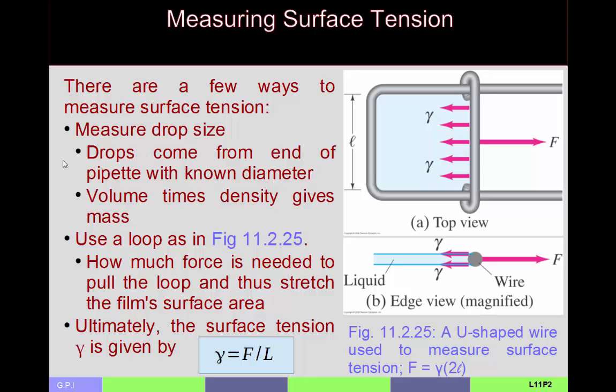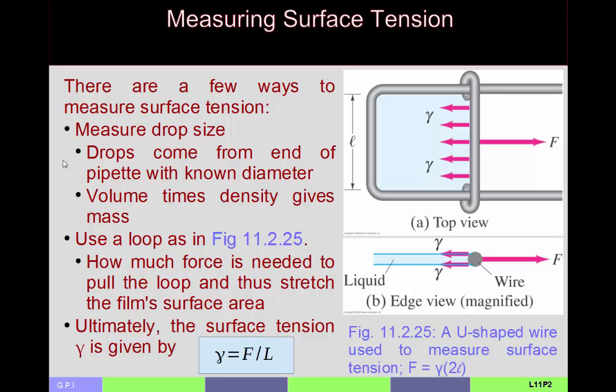One is that you can measure the size of a drop which is formed from a simple pipette. If you were to measure the diameter of the pipette, then you have the effective length along which the drop of whatever liquid is in contact with the pipette. And so that gives you the surface tension upward.